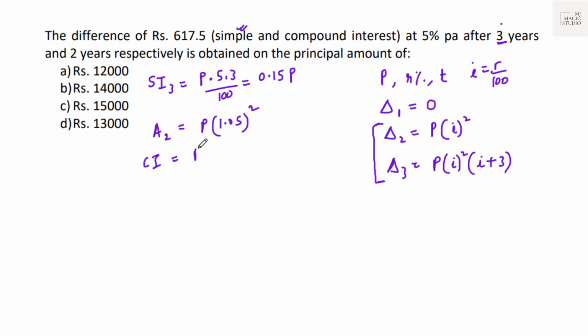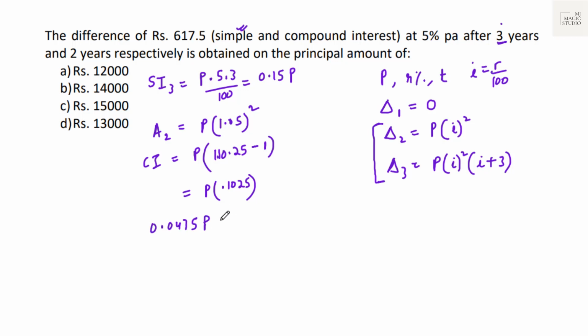So compound interest earned in 2 years is P into 1.1025 minus 1, that is P into 0.1025.